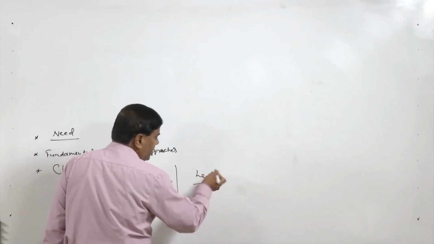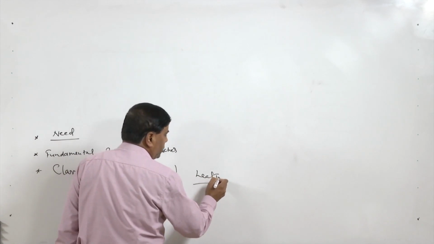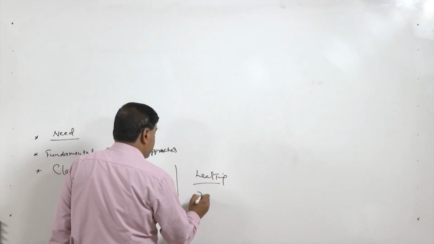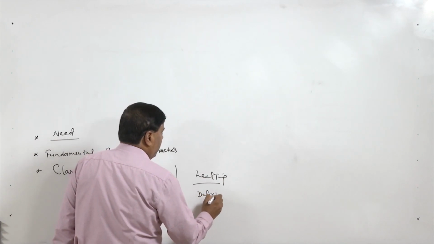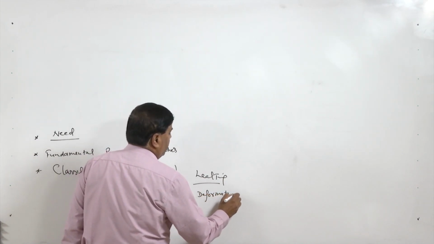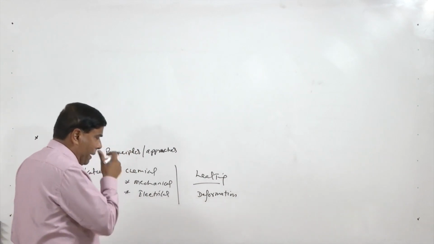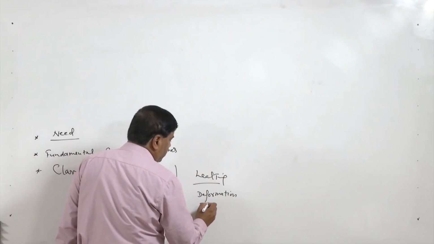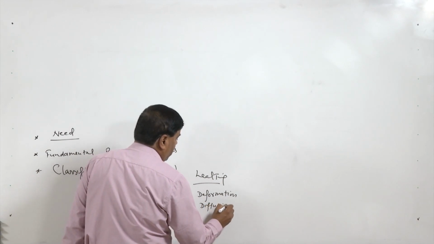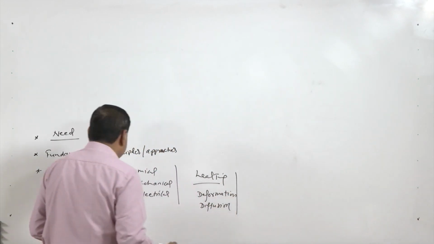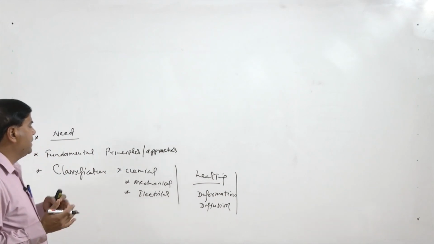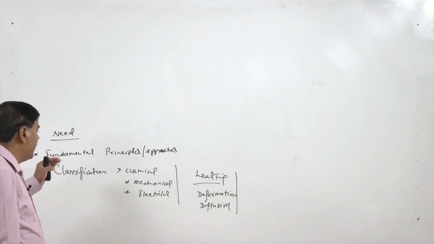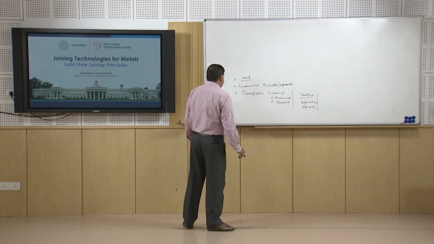Like, the purpose of these energies is heating so that softening can take place, this is one, and another one is facilitating the deformation. So, when the two happen, and in addition to that also to facilitate the diffusion. So, these are the purposes which are actually achieved when the energy in different forms is used in the solid state joining processes.